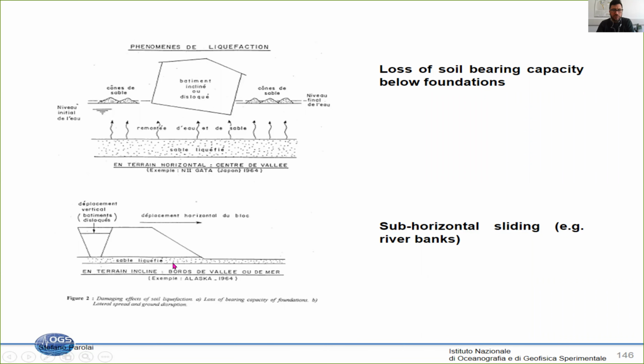Or as I mentioned before, if you have just a small inclination, a small slope, as soon as you have liquefaction below, for example, river banks or areas close to river banks, then you have an opening of fractures here because one part is moving away from the river banks, generating very large ground failure.